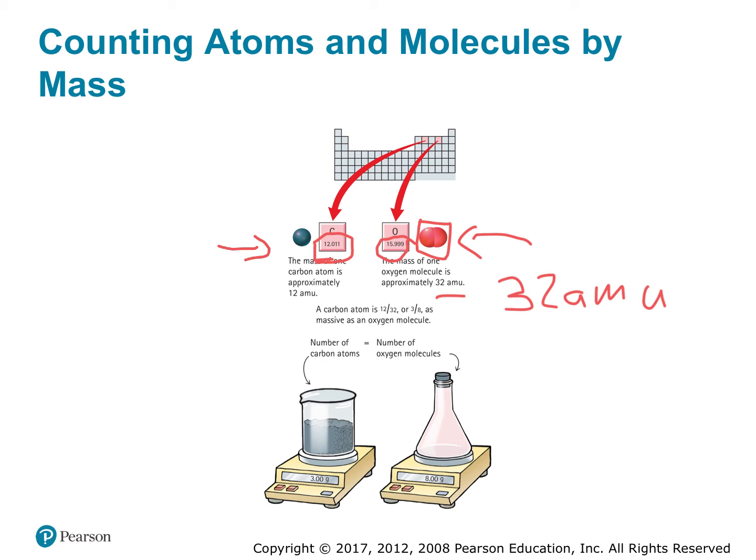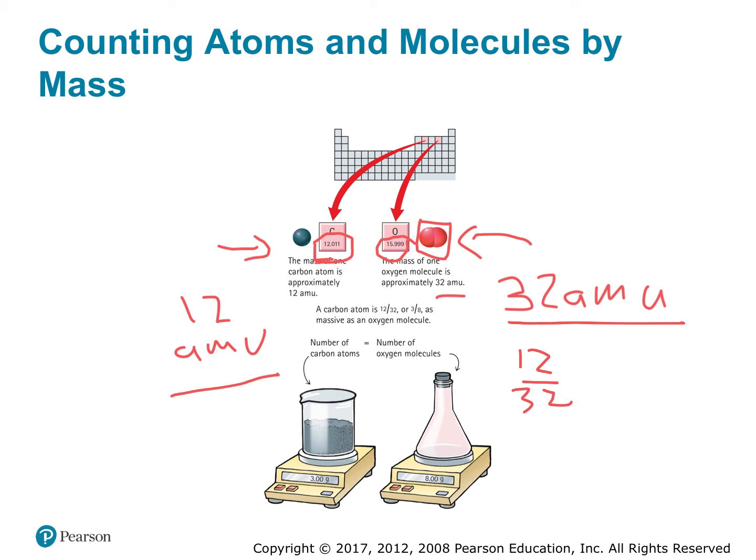And for the carbon atom, we've got 12 AMU. Remember, AMU stands for atomic mass units, and that's the mass unit given on the periodic table. And so we can say that a carbon atom is 12 over 32 as big as an oxygen molecule, because a carbon atom has 12 and an oxygen molecule has 32, so the ratio of those two would be 12 over 32.